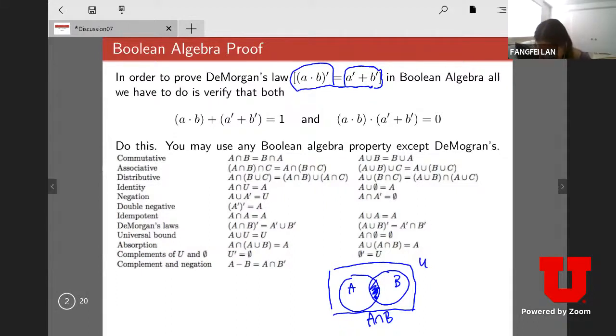We want to show that it is equal to the thing on the right side.